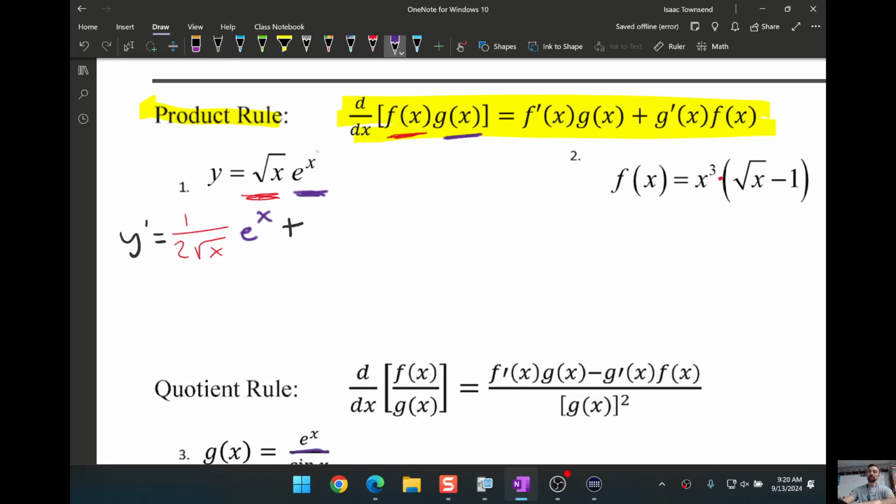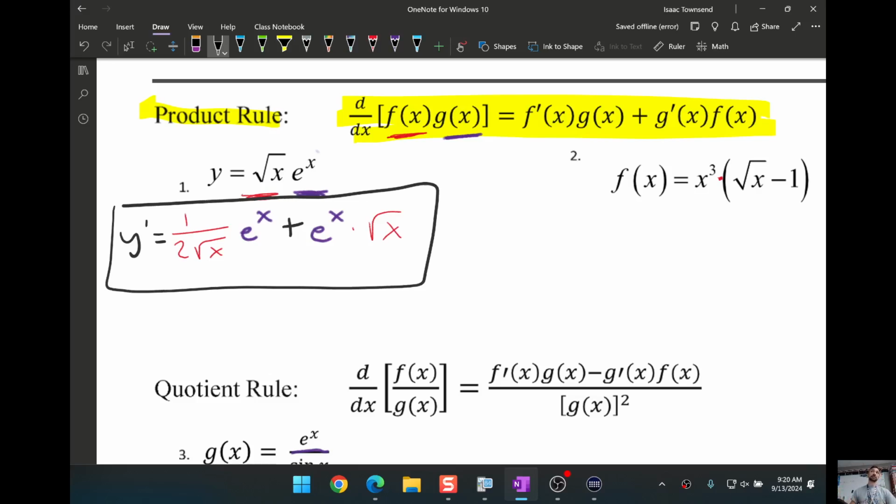I'm going to take the derivative of the second part, the derivative of e to the x is just e to the x, times the first part left alone. All of that represents the derivative. You take the derivative of each one once, plus the regular function left alone.